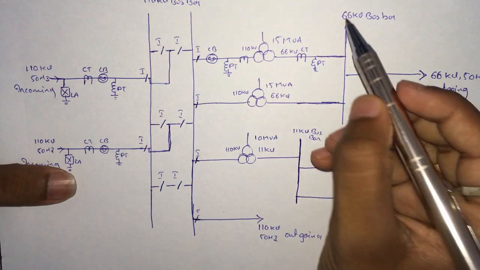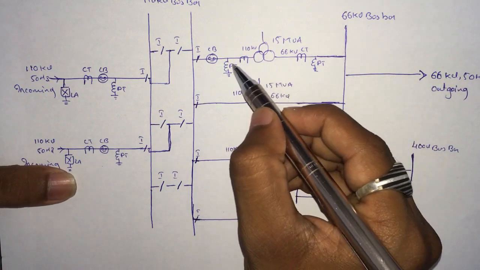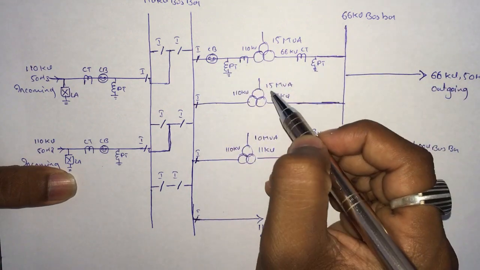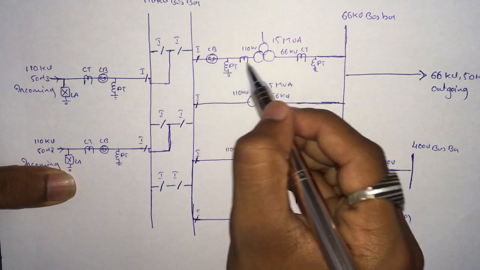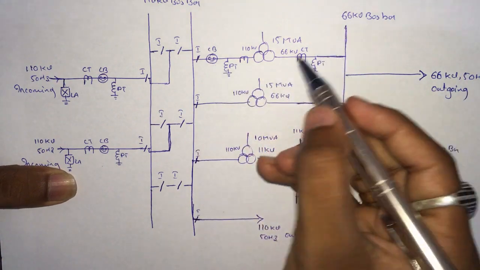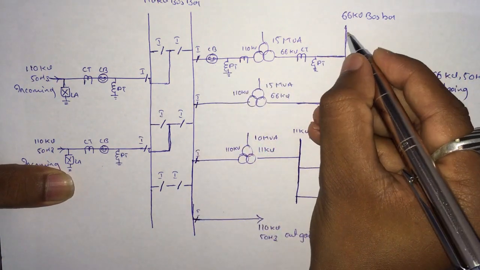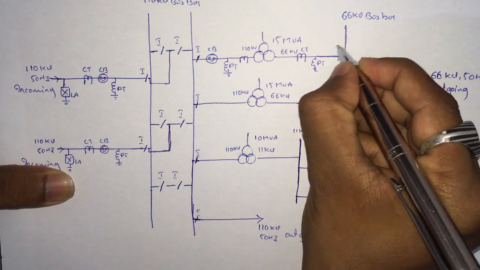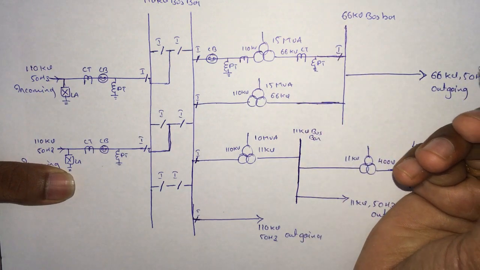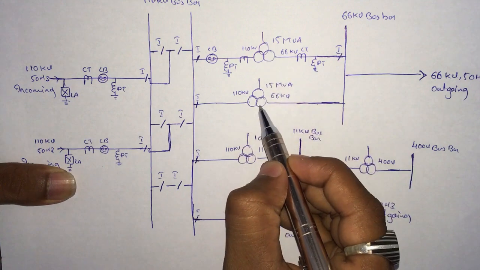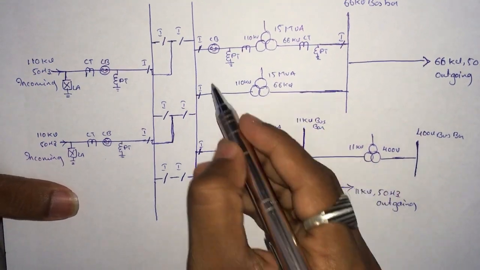Before and after the transformer we are going to use the CT and PT, one circuit breaker to the line. After that near to the bus bar, as I said, isolator. Okay, similarly for the next transformer also.